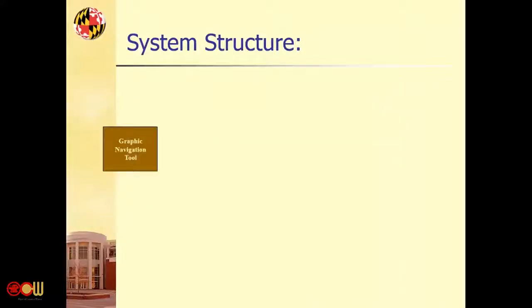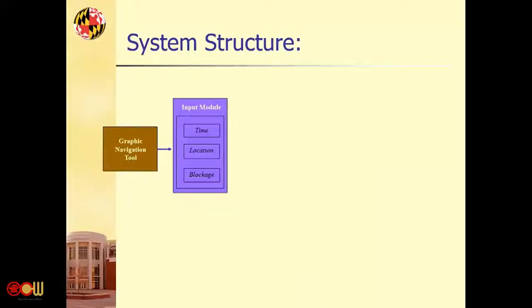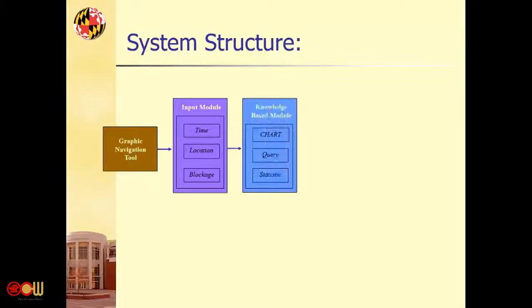The entire system structure includes the following components: graphic and navigation tools, input, output, which is time, location, and blockage. The blockage could be, as I mentioned earlier, an accident, incident, or work zone.